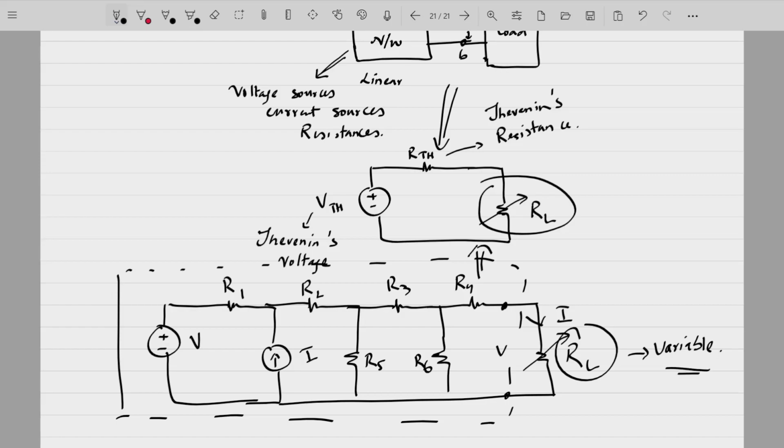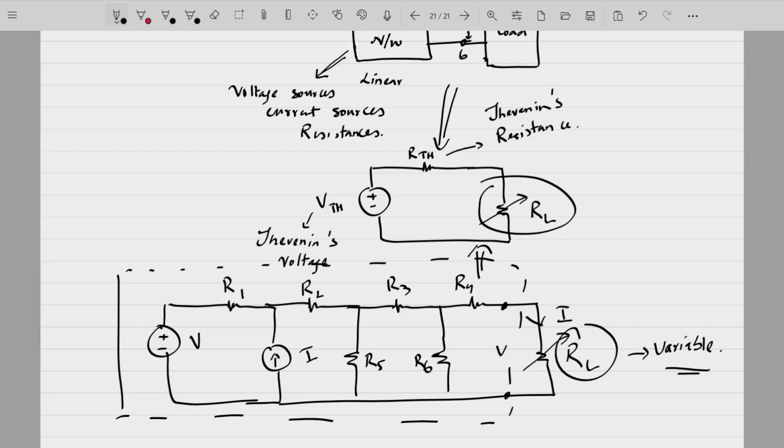So since this resistance is variable, since our load is variable, say for example here we have a blower, we can actually vary the resistance here so that we can change the temperature settings. Fine.